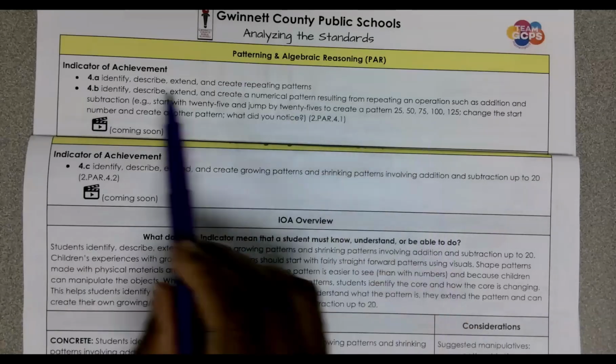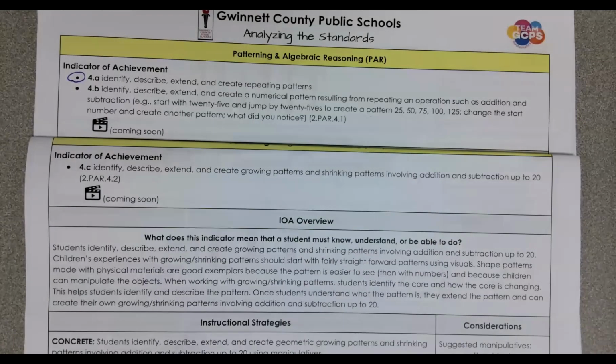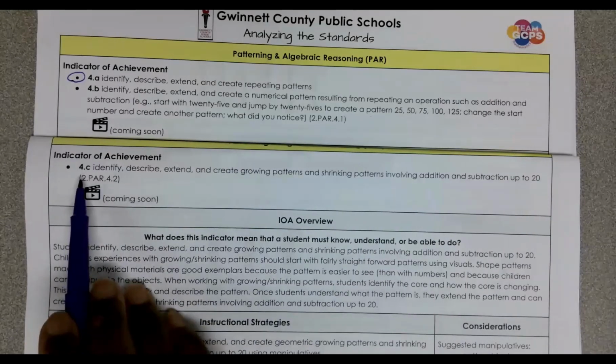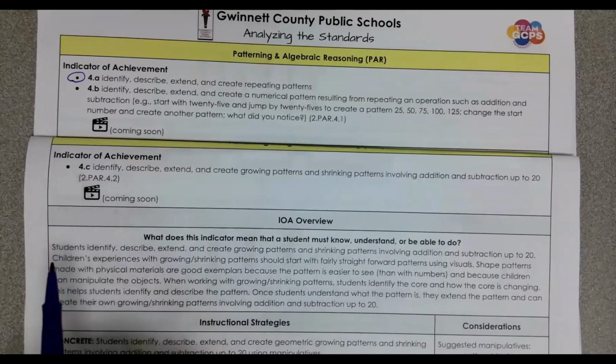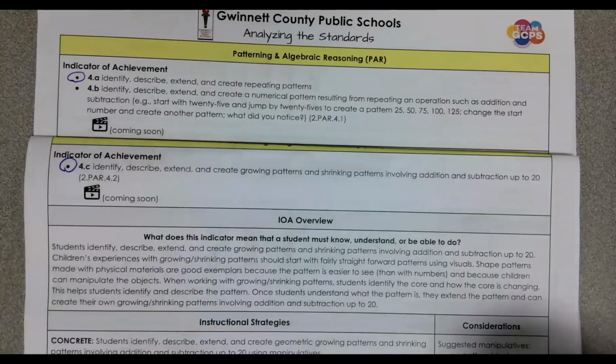Okay, so this is the one we're going to be looking at, A. IOA 4C is identify, describe, extend, and create growing and shrinking patterns involving addition and subtraction up to 20. So this is IOA 4C.